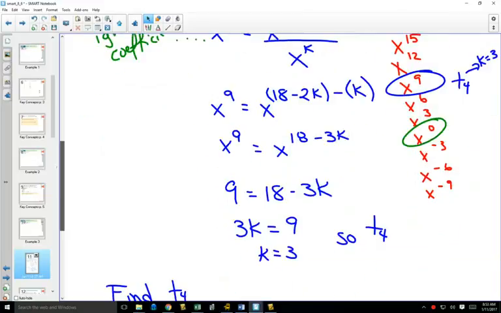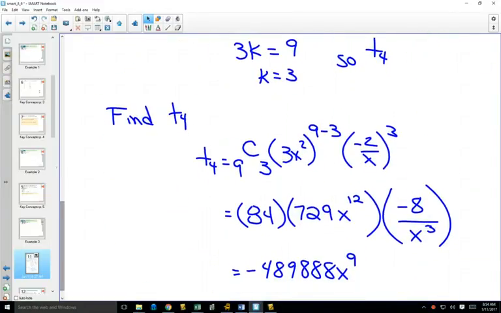Once you find out that k is equal to 3, no matter which technique you've used, you have to find term 4, which is just plugging things into the formula, simplifying each part separately, and then multiplying your coefficients together and simplifying your variables to get your final answer.